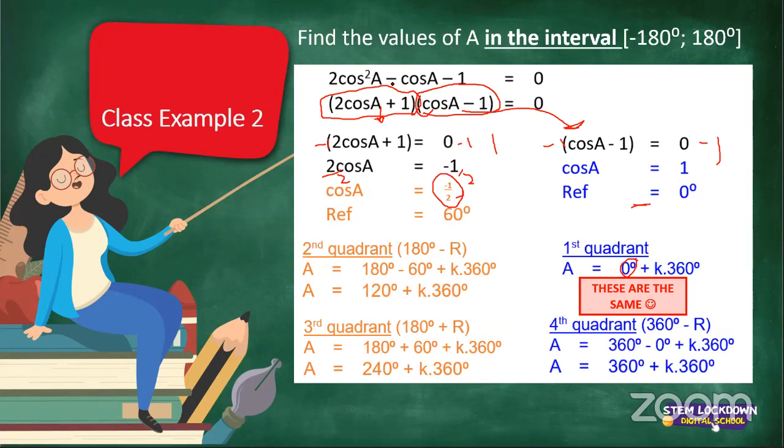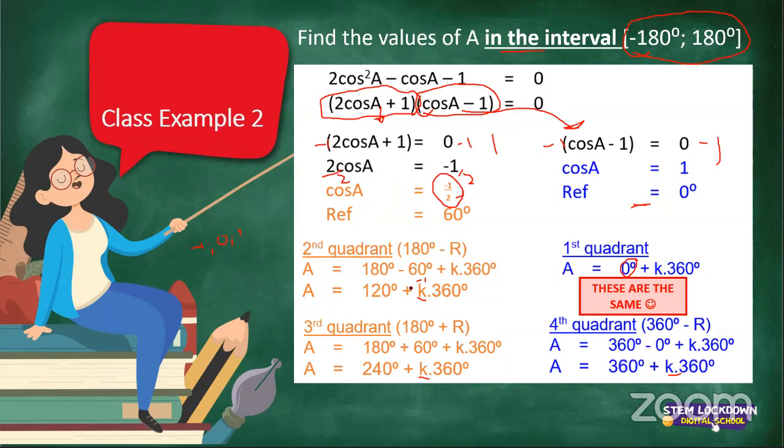Now what we do is we've been given an interval to find values in. So we will look at each of our formulae and substitute our different integers. I like to always start with -1 and 0 and 1 as my integers that I will test in here to see if the answers will meet this interval. So we start by putting -1 in here, right? -1 times 360 gives us -360.